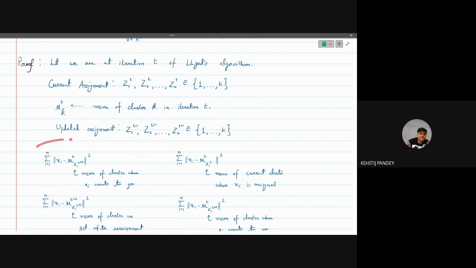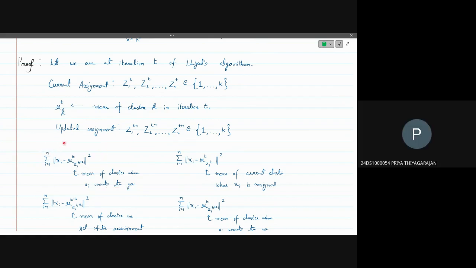This mu t zi t plus 1 represents the mean of the cluster where point xi wants to go. Is this function clear?